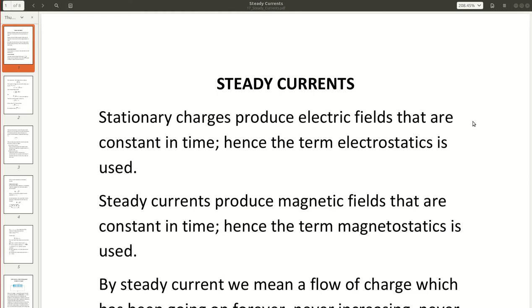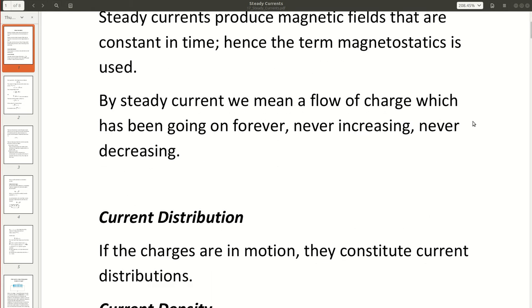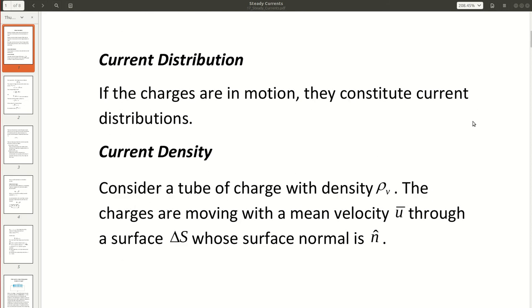This is the meaning of the term magnetostatic. By steady current we mean a flow of charge that is there forever, not increasing, not decreasing.